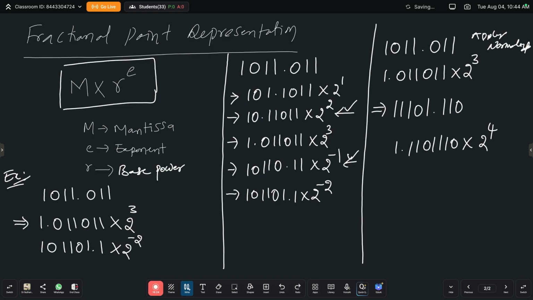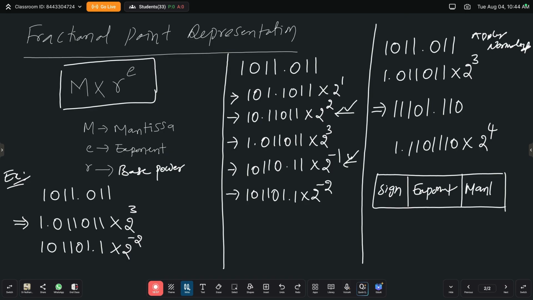Okay, how to represent it now? Generally in your fixed point representation, the format is what? Sign number, integer portion, and fraction portion. Yes or no? Here, what is the format? Again the same: sign number, exponent, mantissa.